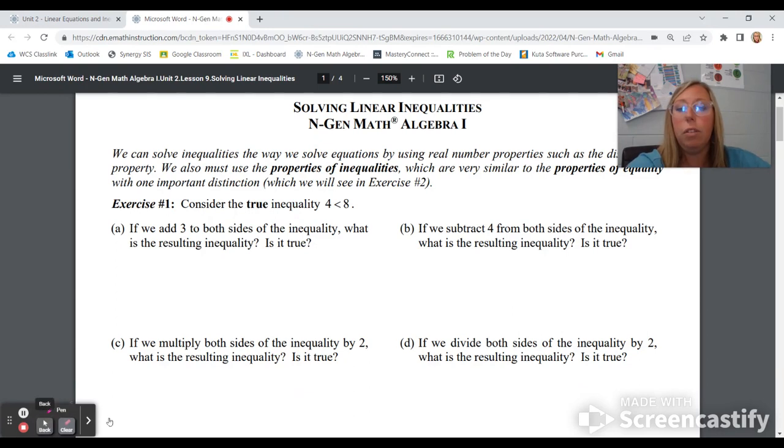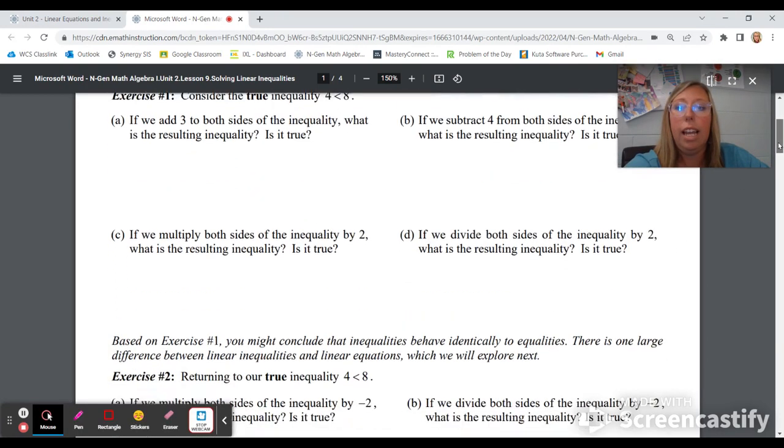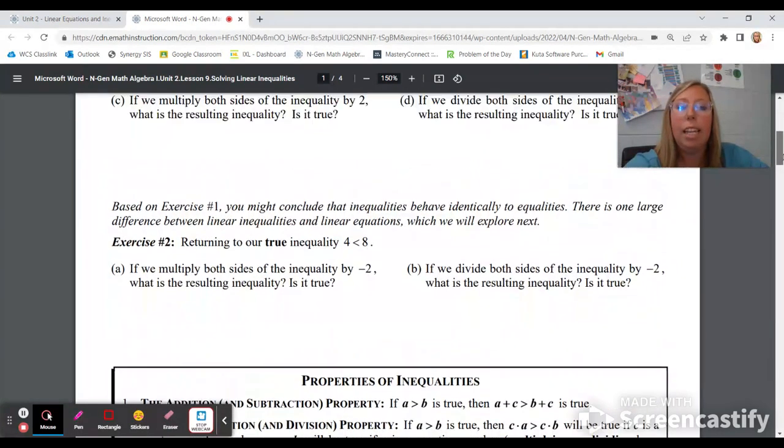So let's scroll down now to the next exercise, where we're looking at what happens when I do something to this inequality and a negative number is involved. We're going to multiply both sides of the inequality by -2.